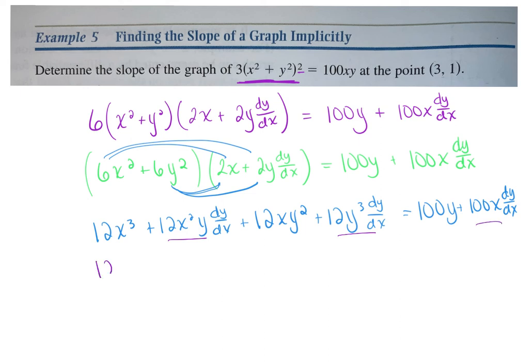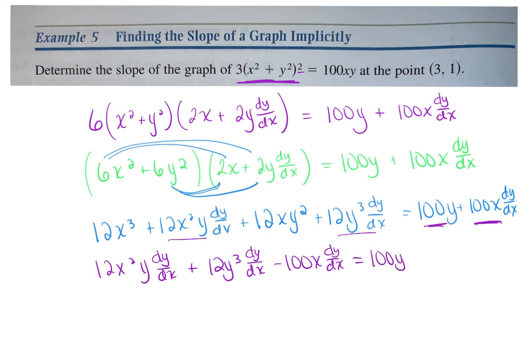So you end up with 12x squared y dy dx plus 12y cubed dy dx, and then I'm going to move this guy over, minus 100x dy dx. And then on the other side, I leave him alone, and I move these over, minus the 12x cubed, minus the 12xy squared, right? Does that make sense?